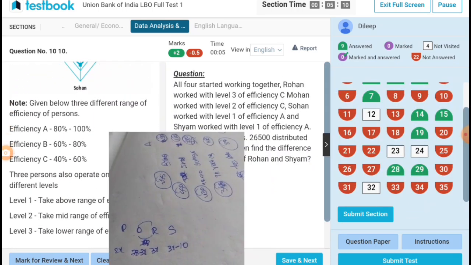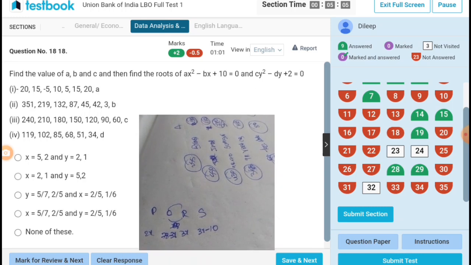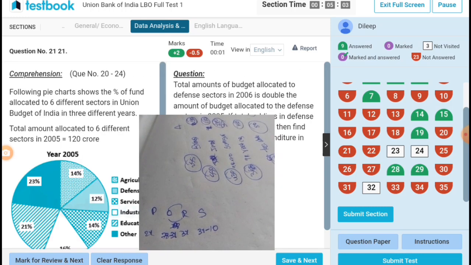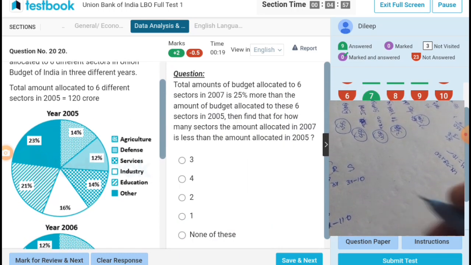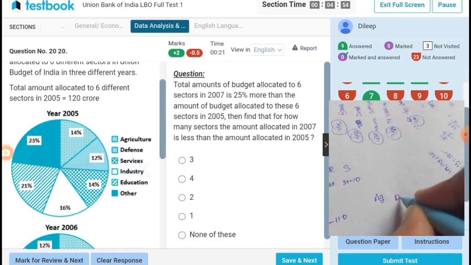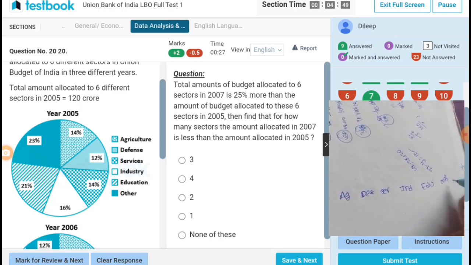Next one, in 2005, agriculture, defense, services, industry, education and other.